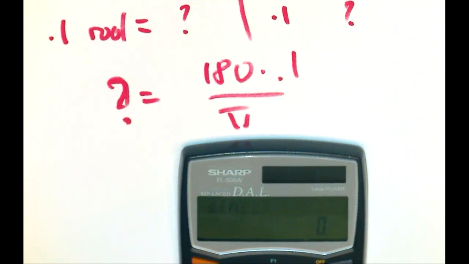Sine. I know that 180 times 0.1 is 18, but I'm going to do the whole thing. 180 times 0.1 divided by, on my calculator, pi is here, second function, 3, equals.